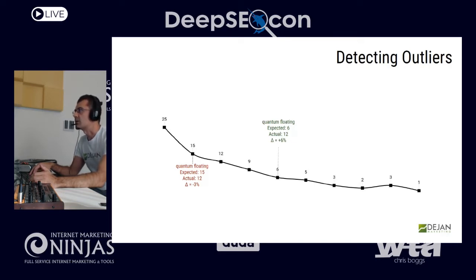Now, we've got another query, quantum floating, in a different scenario. That's perhaps we expected CTR of 6 on that position, but we got 12. So it's got plus 6% click-through rate. So what's going on? When it appears on position 2, it's got one CTR, and then when it appears on position 5, it's got another CTR.